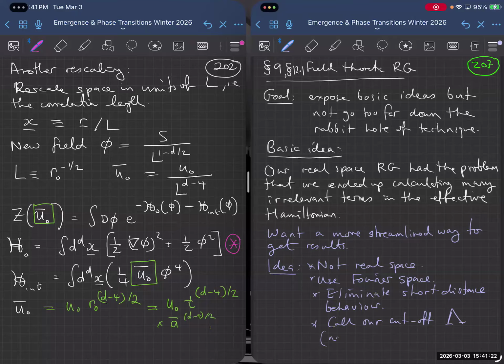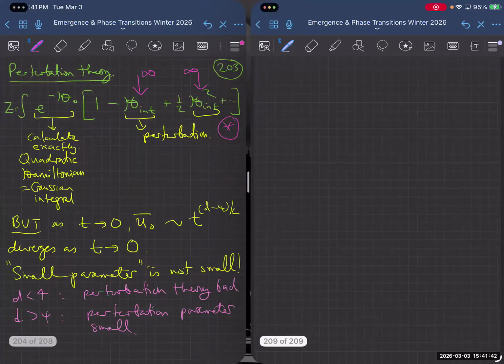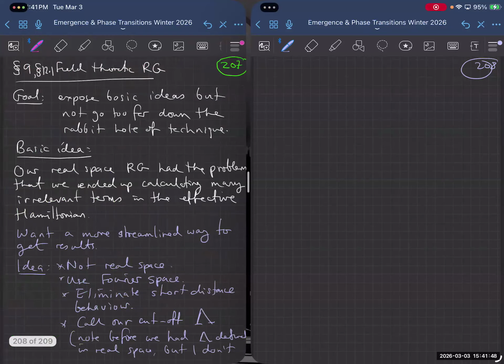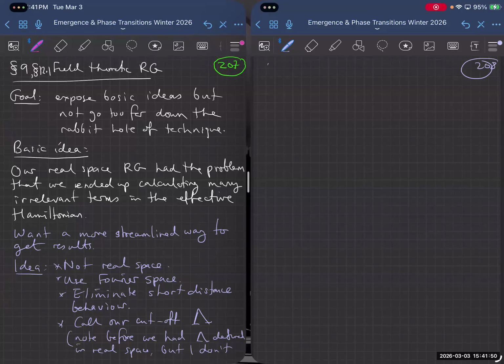Note that before we had lambda defined in real space, but I don't want to write 2 pi over lambda everywhere.